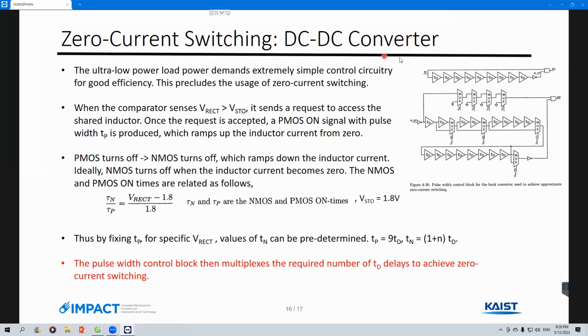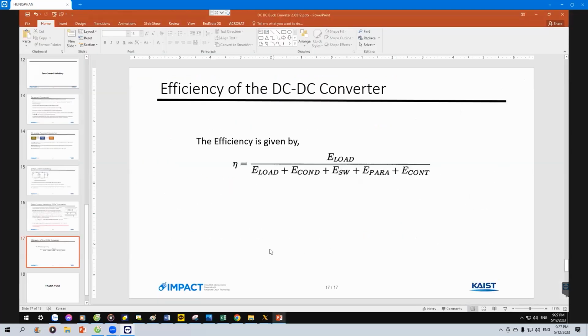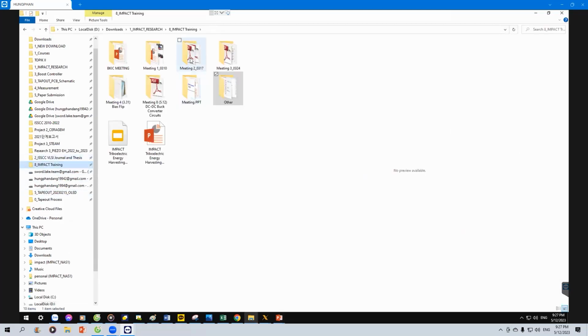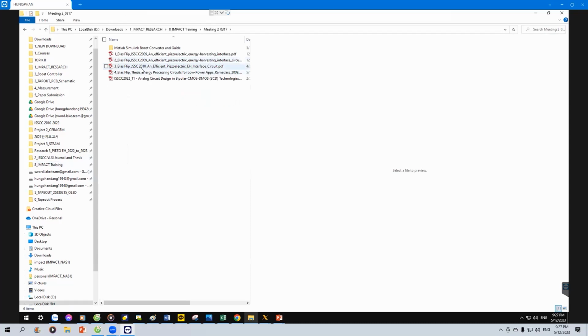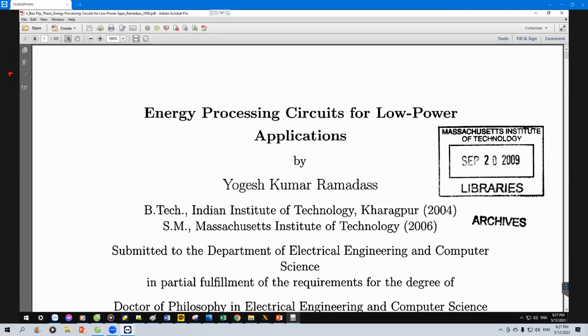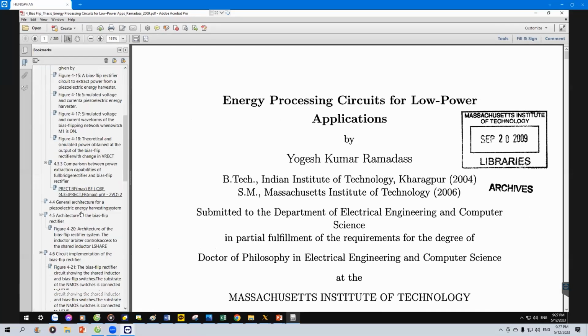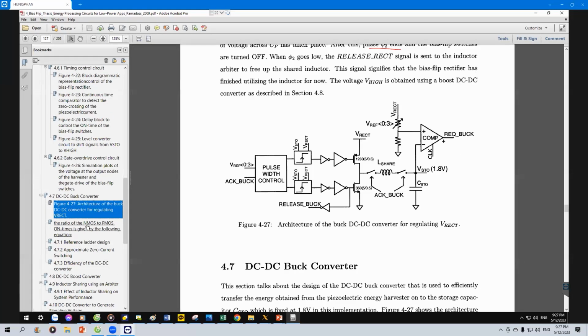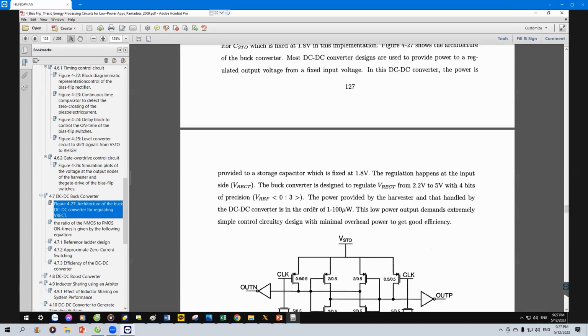Here it is switching. Those are part of a zero current switching DC-DC converter. That's why I started with that part. It's approximate zero current switching.